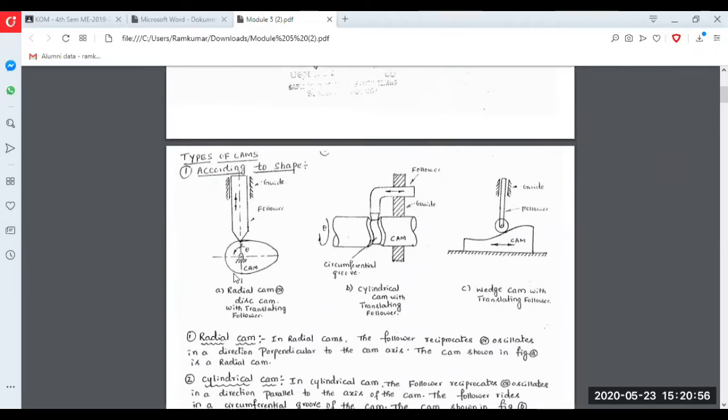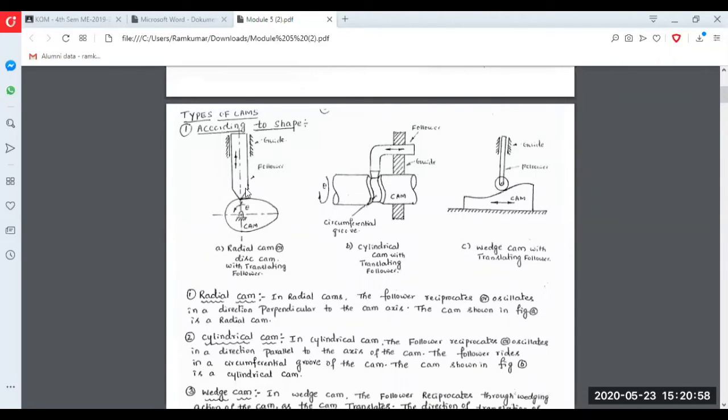That is called a radial cam; radially it will be pointed. The follower direction is perpendicular to the axis of the cam, the center about which the cam is rotating. This follower is a knife edge follower because it is pointed.